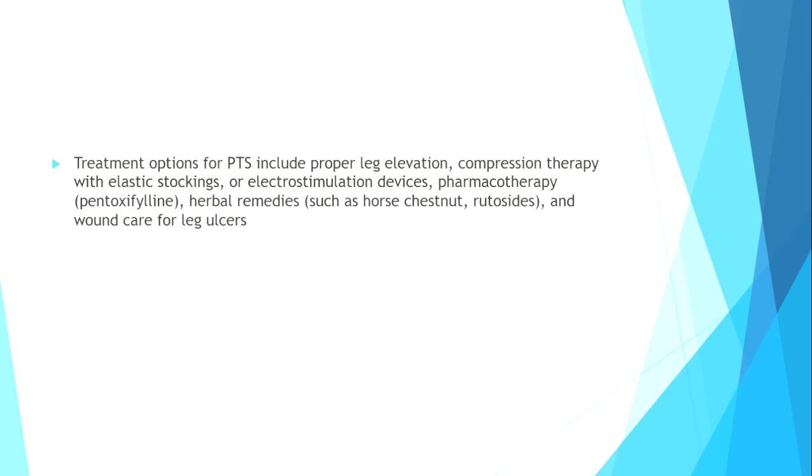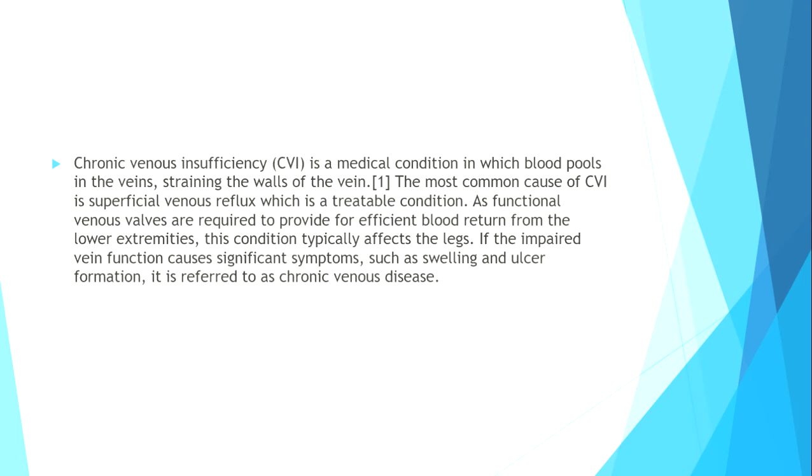Treatment options for post-thrombotic syndrome include proper leg elevation, compression therapy with elastic stockings, or electrostimulation devices. Pharmacotherapy: pentoxifylline, herbal remedies such as horse chestnut, rutosides, and wound care for leg ulcers. Chronic venous insufficiency is a medical condition in which blood pools in the veins, straining the walls of the vein.